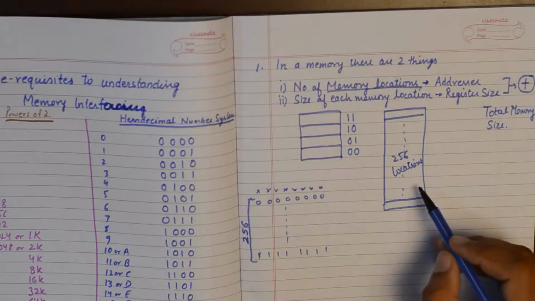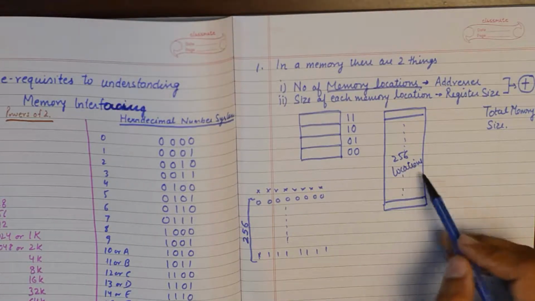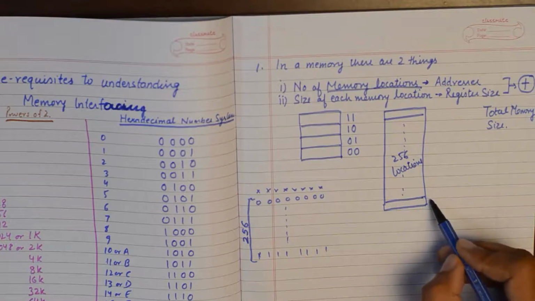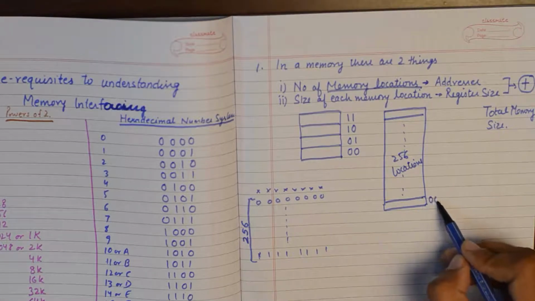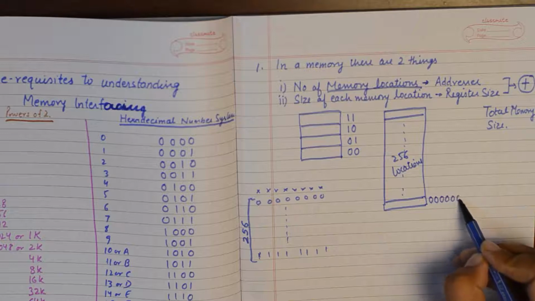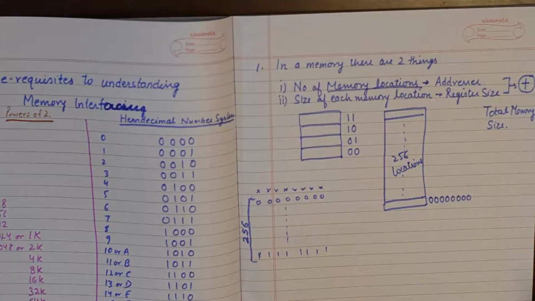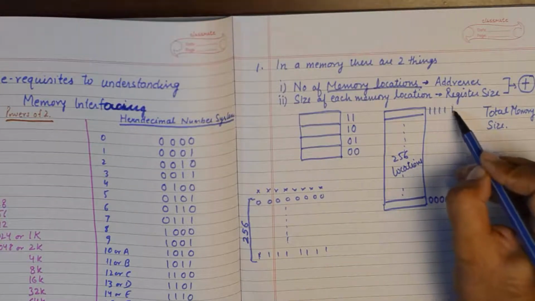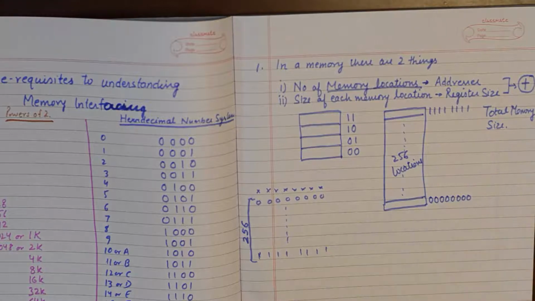So a memory with 256 locations will have its first memory address as all zeros, which is going to be 0, and the last memory address will have all ones, which will be 255.